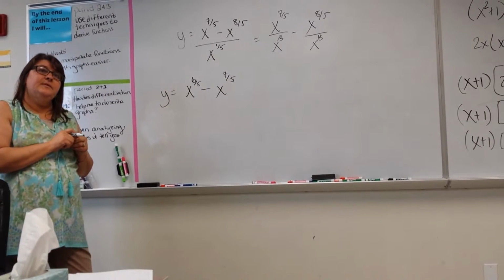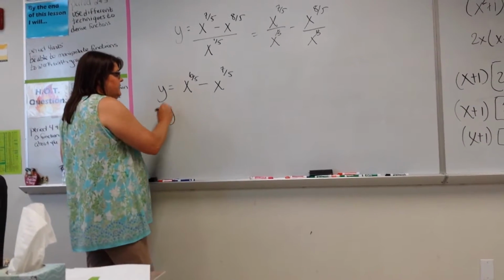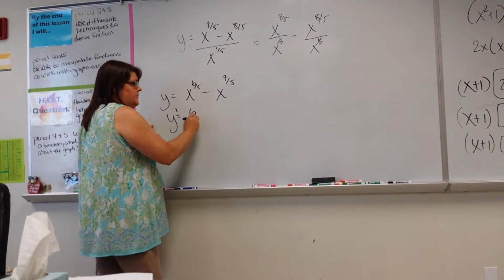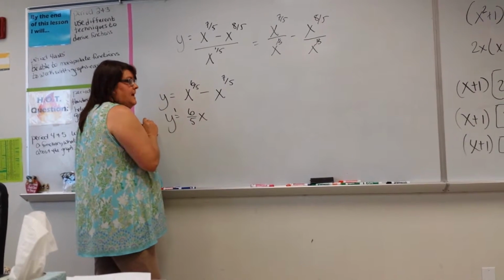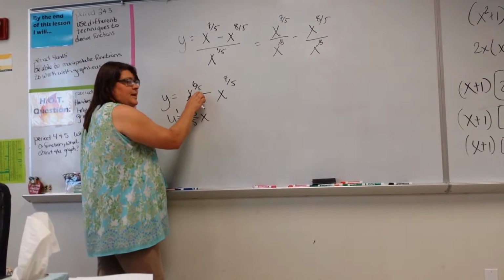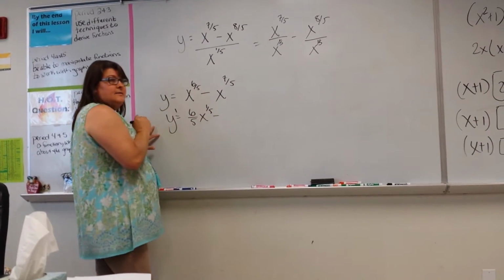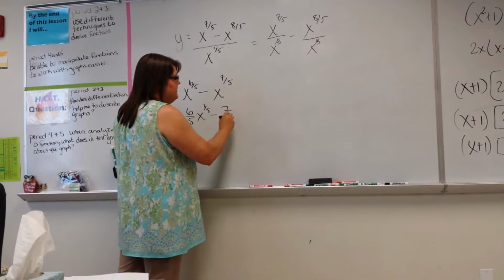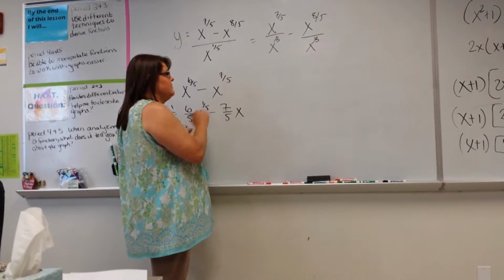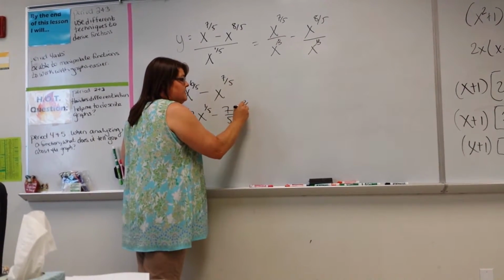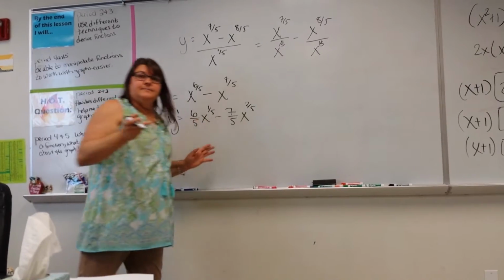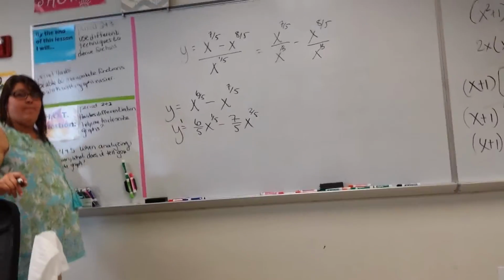Its derivative is not bad. What would the derivative be? Well, 6/5 comes to the front, write the x, subtract 5 over 5, so x to the 1/5. Minus 7/5 comes to the front, write the x, subtract 5 over 5, x to the 2/5, and I'm done.